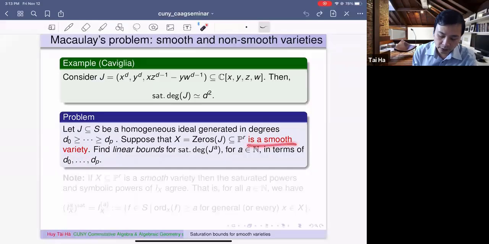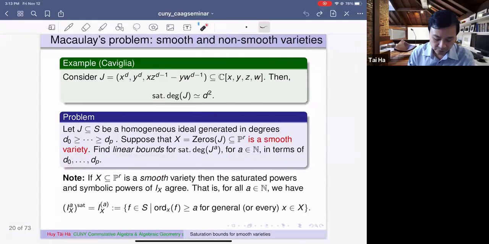It makes sense also from another point of view: there has been a lot of work on symbolic powers of ideals in commutative algebra in recent years, and when X is smooth, the saturation of powers of the defining ideal of X is actually the same as the symbolic powers of X. So in this case, finding a bound for the saturation degree is also the same as finding a bound for degrees starting from which powers of the defining ideal of X and its symbolic powers agree.